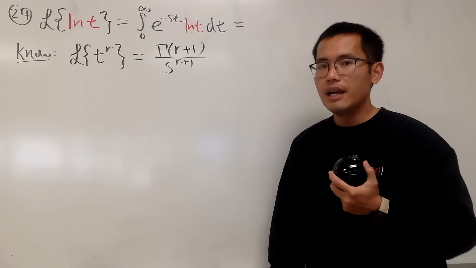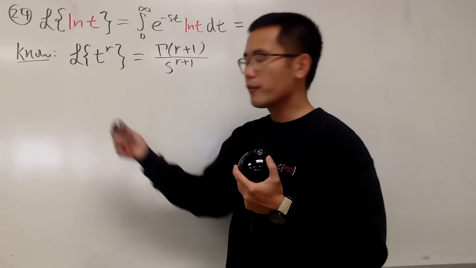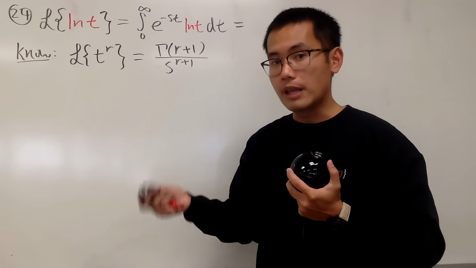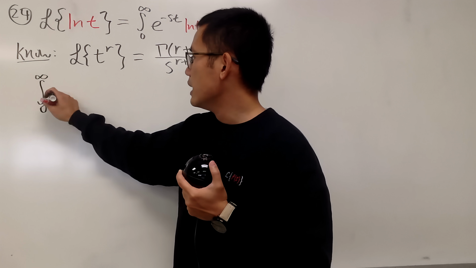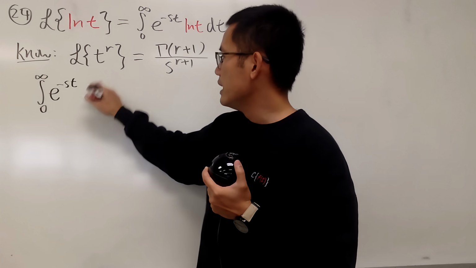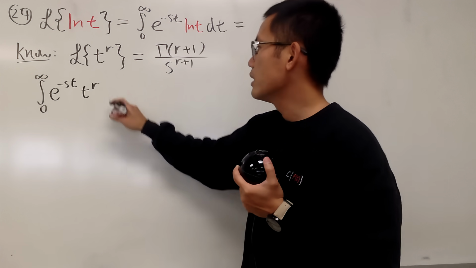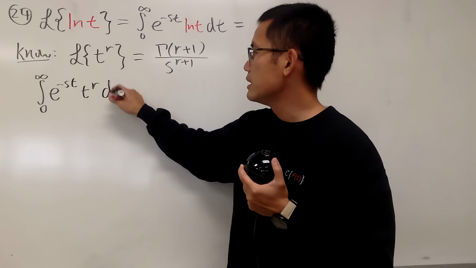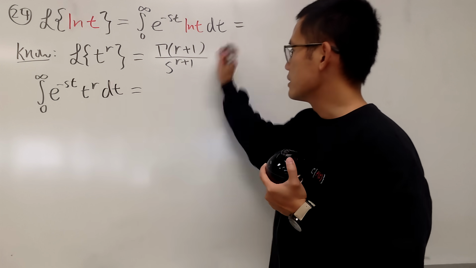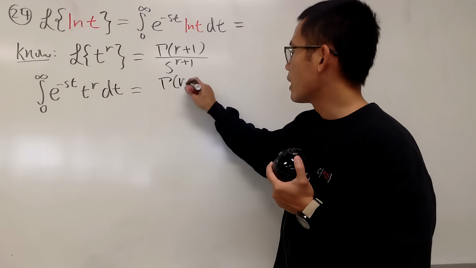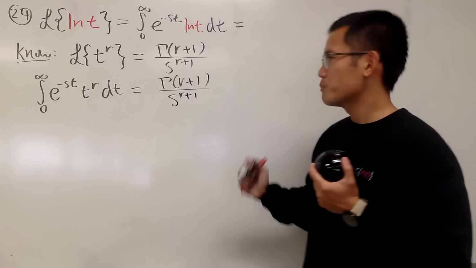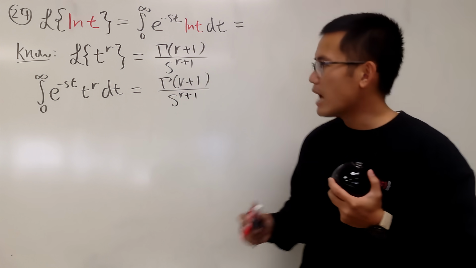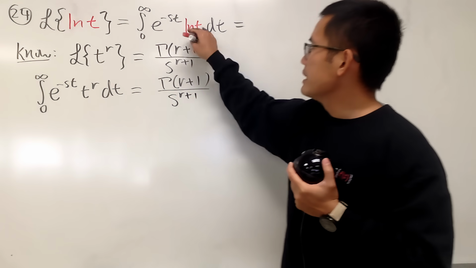Nice. And right here, of course, we can recall the definition of the Laplace transform. This right here is the integral going from 0 to infinity, e to the negative st, t to the r's power, dt, and that's equal to gamma of r plus 1 over s to the r plus 1 power. Pretty good stuff.